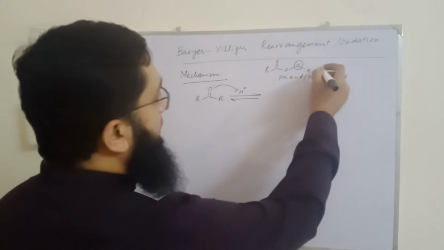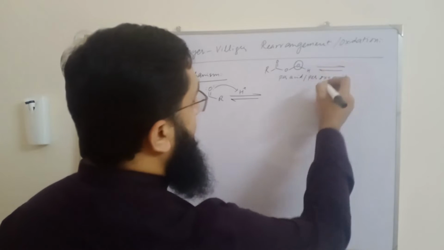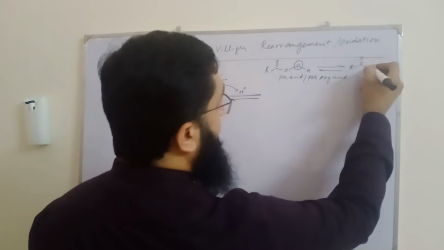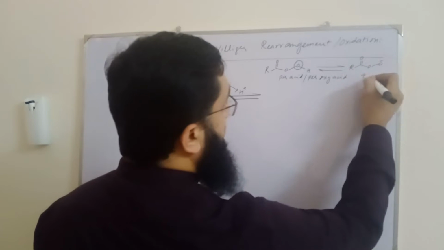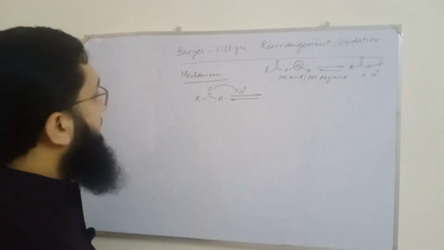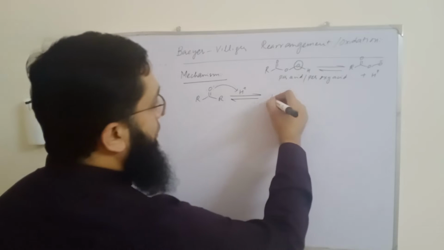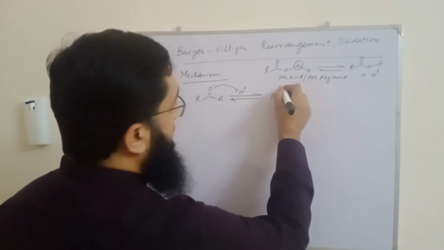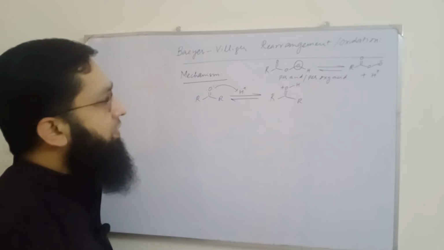So in the first step, this would dissociate to give rise to this anion plus H+, and this H+ would be taken up by the ketone and it would be protonated, and as a result we will get positive charge on oxygen.